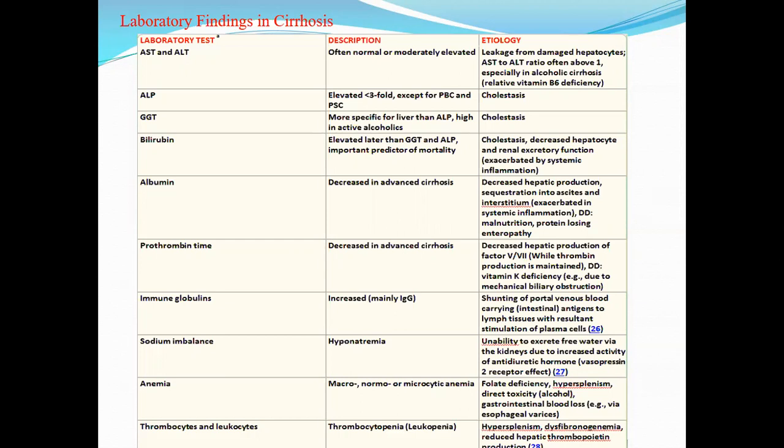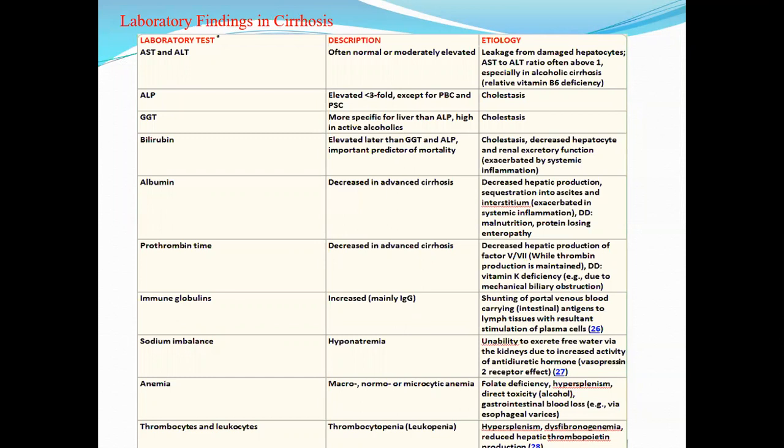We always see the liver enzymes mildly elevated or normal. AST and ALT increase more in the patient with active hepatitis when there is liver injury. But in liver cirrhosis, it ends with fibrosis. There is no active injury to the hepatocyte, so it is only mildly elevated.